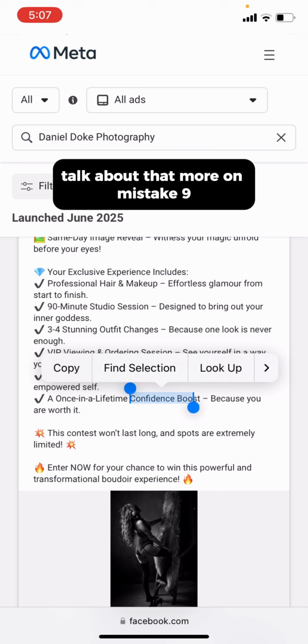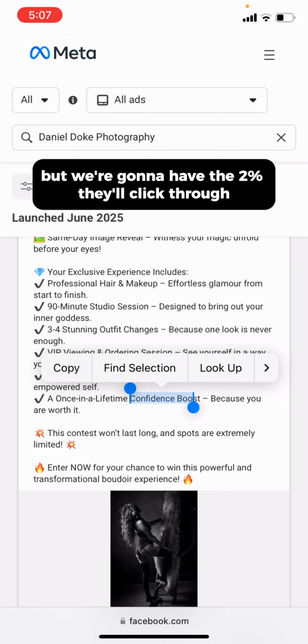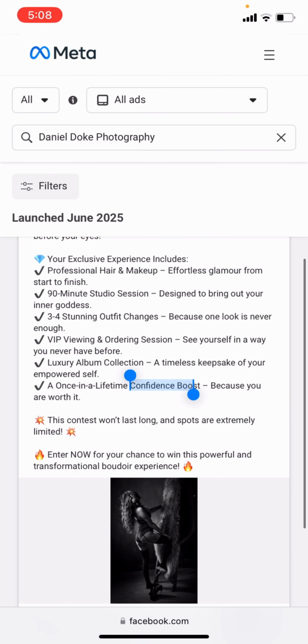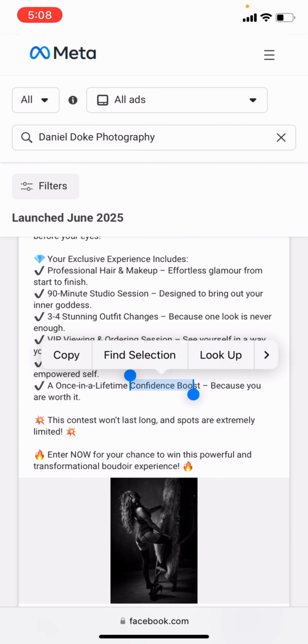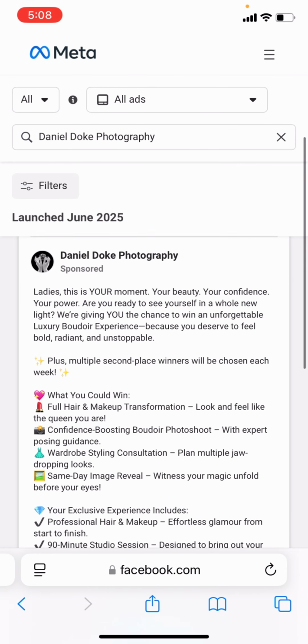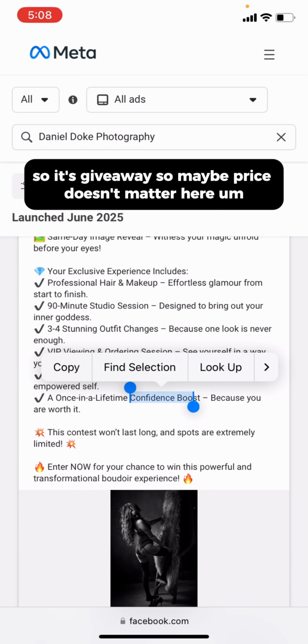I'll talk about that more in mistake 9, the next mistake. But we're going to have the 2%. They'll click through, our unique CTR link, and they know exactly what they're getting. Although they don't know the price, but you did say giveaway, I believe. Win, yeah. All right, so it's a giveaway, so maybe price doesn't matter here.